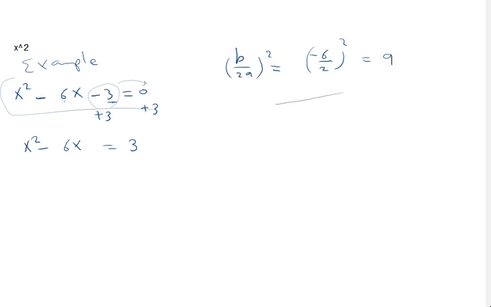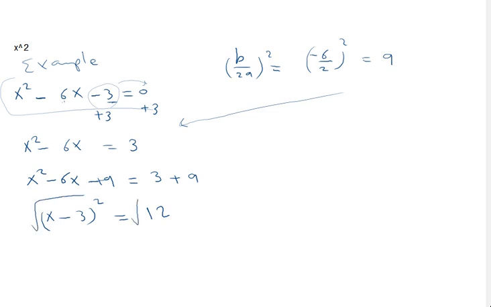So I have to add 9 to both sides of this equation. So x squared minus 6x plus 9 equals 12.